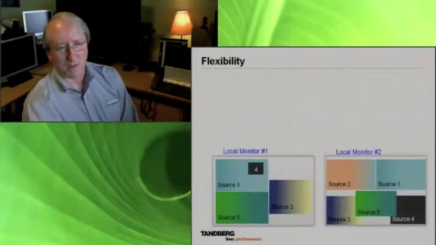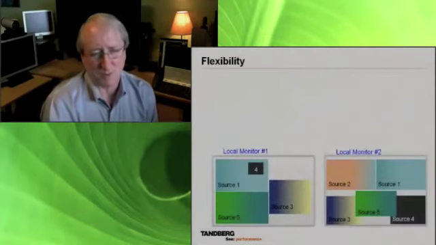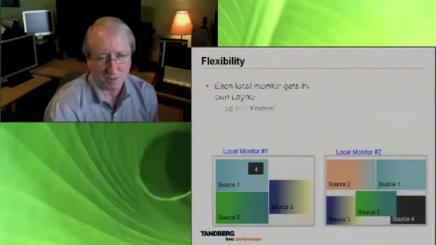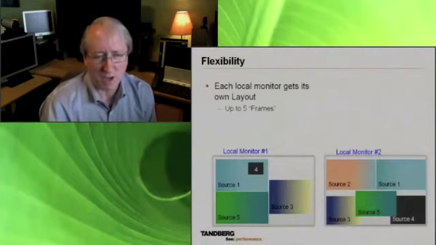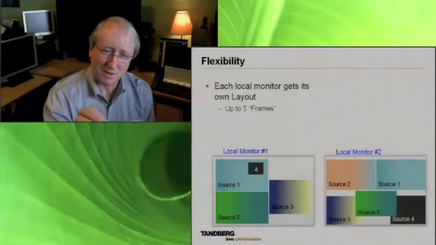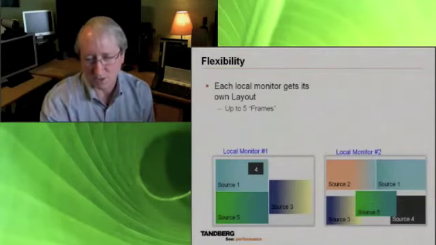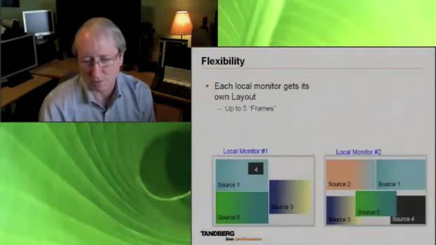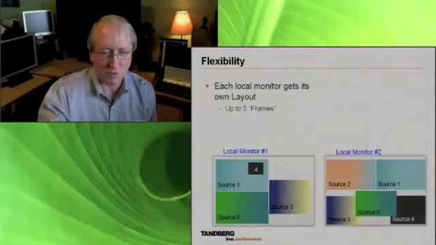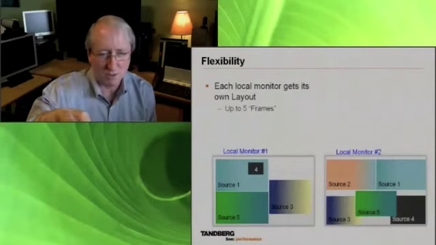So let's talk a little bit about the flexibility that this offers you. With image compositing built into the codec, instead of through an external box like an RGB Spectrum or something, I can send a different composited image to my local monitors, say. In this case, I show you two local monitors, and the first one has source number 4 as a PIP on top of source number 1. You see monitor 2 has a completely different layout.